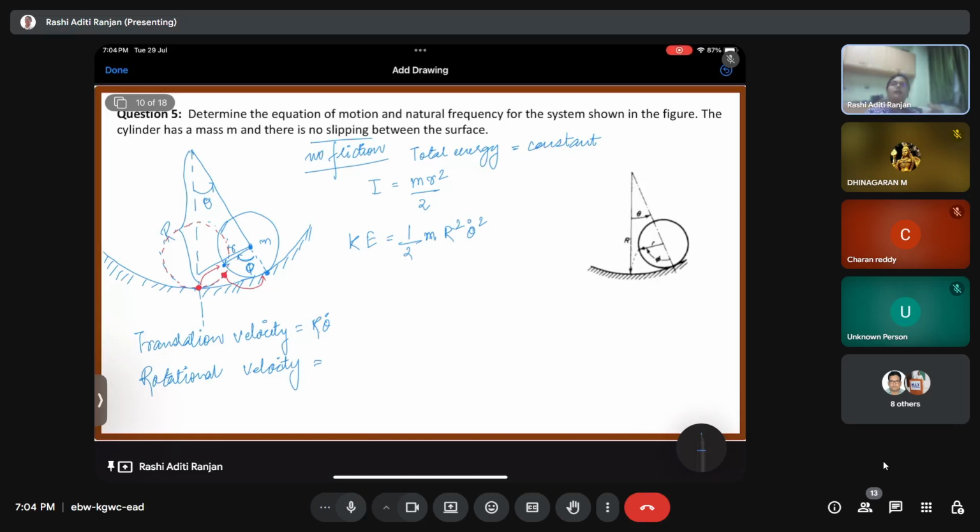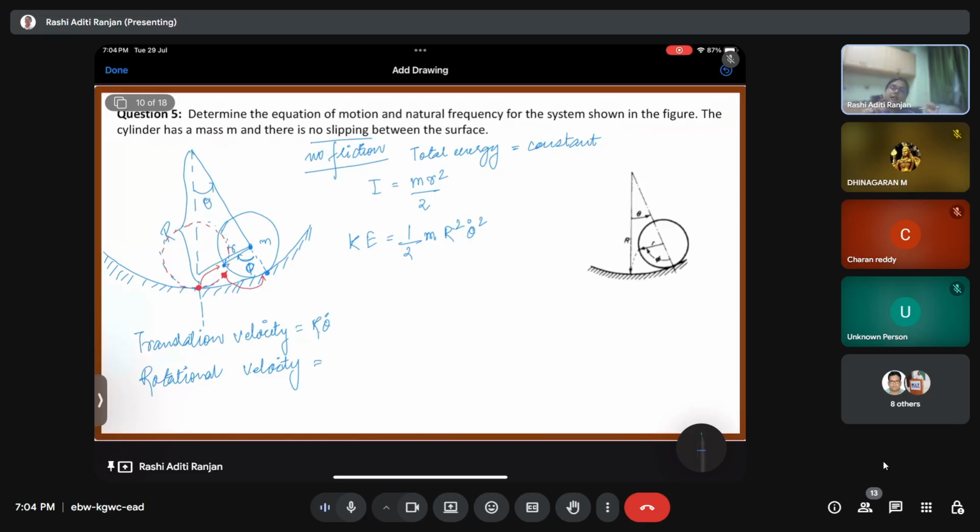The reason is that in the earlier case we had a straight surface, so the center of the cylinder was not rotating about some point. It was just translating, so only its rotation contributed to the rotational kinetic energy.